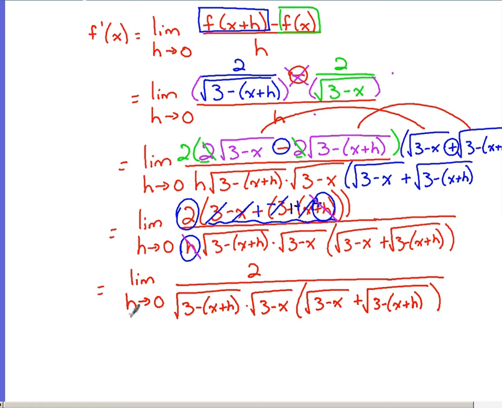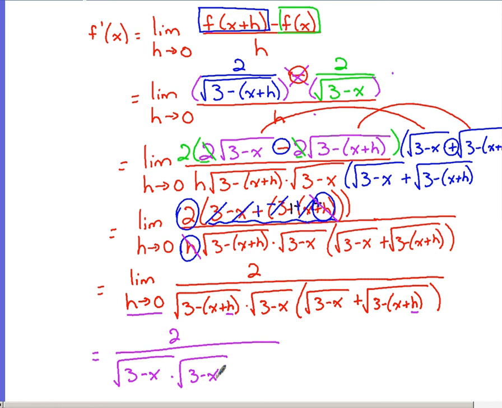We know h is approaching 0. So wherever we see an h, we're going to plug 0 in its place, meaning we got what left over? We've got 2 over. Let's see, if this h goes to 0, you're left with the square root of 3 minus x times the square root of 3 minus x.